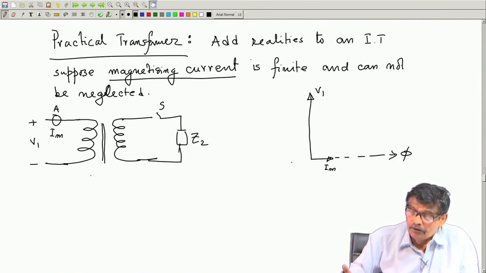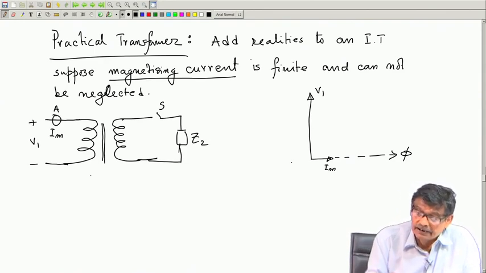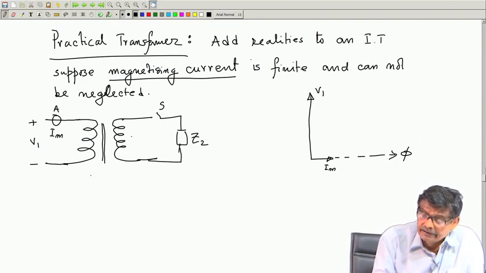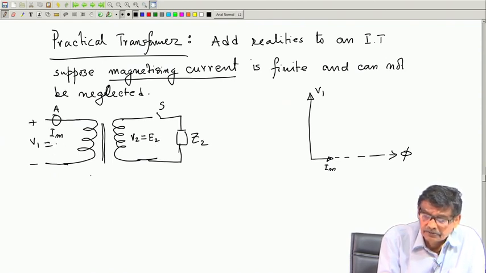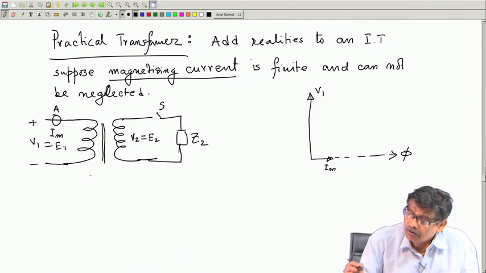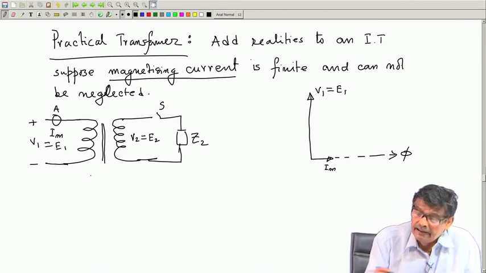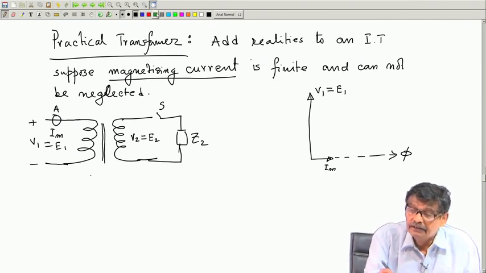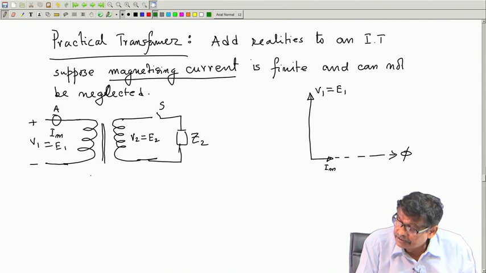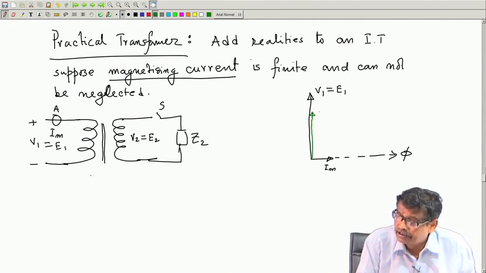So, this is the open circuit equivalent circuit, and if this is V 2, V 2 and E 2 are same, because still drops are neglected, V 1 is equal to E 1. So, all voltages will be in phase. So, V 1 is equal to E 1, same phasor, and depending upon the ratio, your V 2 phasor will be here. If it is a step down transformer, this is your V 2.